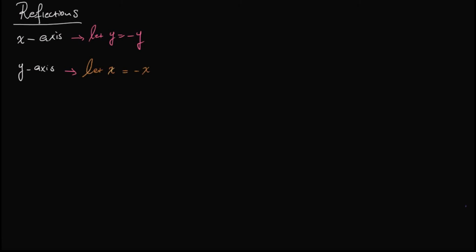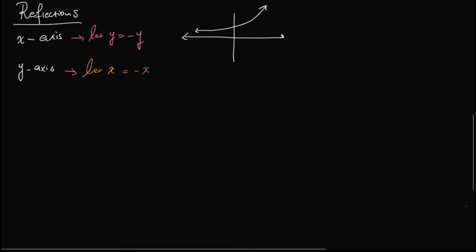Let's talk about the reflection about the x-axis. Now first we want to look at the sketch. So we had a graph, the original function, looking like that, and then if we reflect it about the x-axis, remember the x-axis now becomes the mirror. So we want to form the image if we look at the mirror on the x-axis.